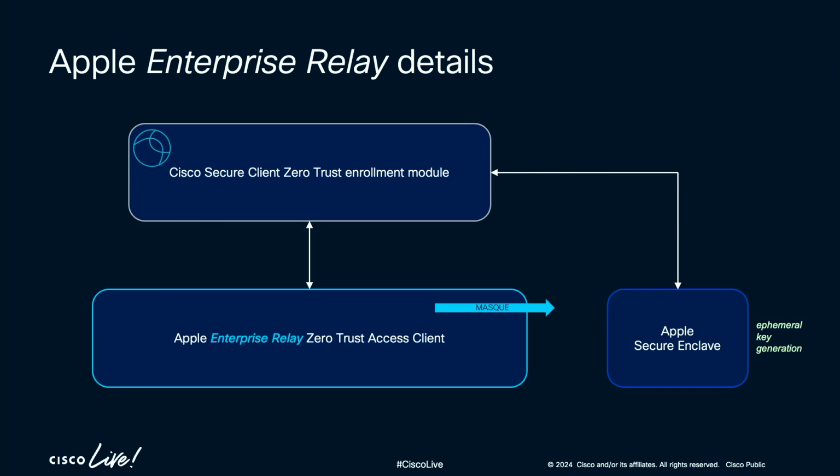We're just the provisioning client. So what we do with AnyConnect is the onboarding. So a user will open up the AnyConnect client on an Apple device. They'll enter their credentials like a normal SSO workflow, and they'll get enrolled into Zero Trust Access. And from that point forward, the Apple OS is doing all of the traffic steering.